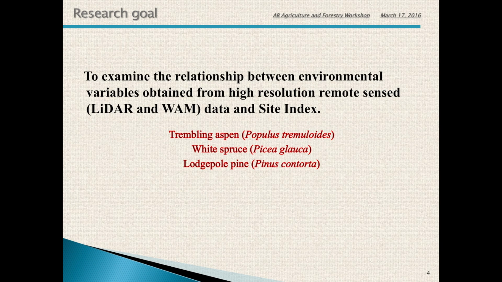So research goal, as I said, for this study is to examine that site index environmental relationship, and to try to build the model by using various soil and topographic variables, and on that way with the focus on remotely sensed variables from the LiDAR and WAM, and on that way to try to find some useful applicable models.